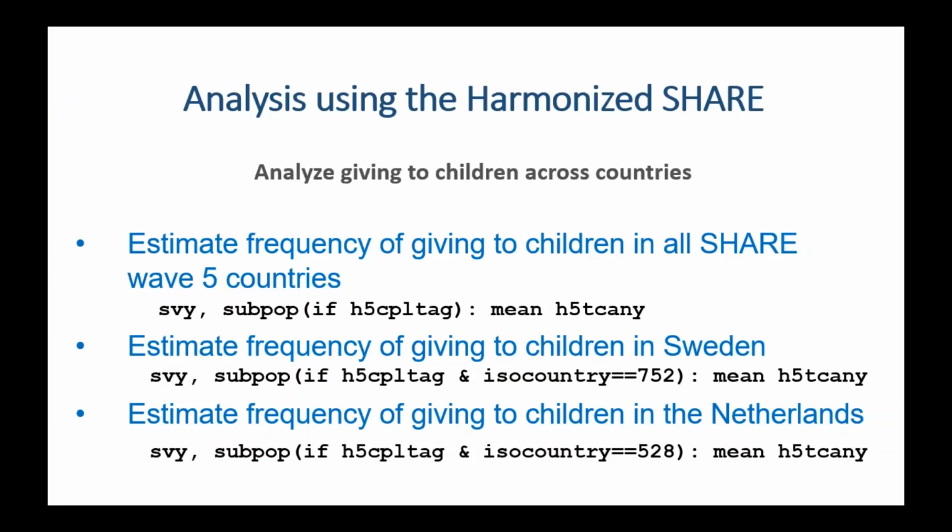Of course, Share is made up of lots of different countries, and it might be more helpful to look at some particular countries. So let's look at Sweden and the Netherlands. We can estimate the frequency of giving to children in Sweden by using that exact same command, but we're also going to add a condition in our subpopulation parentheses, which says and ISO country is equal to 752, and again 752 is the ISO country code for Sweden.